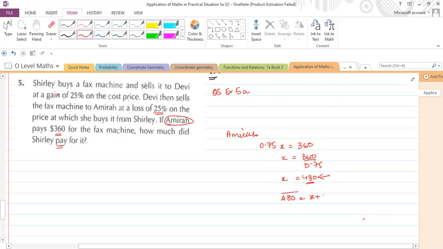The cost price plus 25% of the cost price, so that tends to 1.25 times the cost price, which is 480. If you divide 480 by 1.25, you are going to get 384.